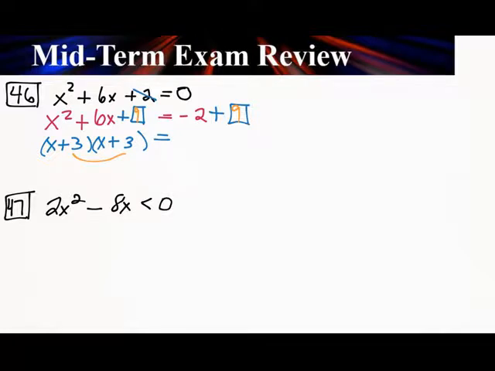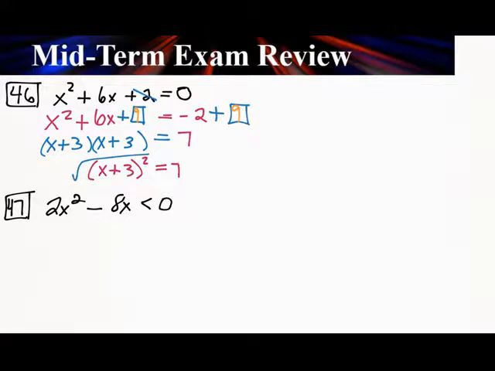So now what I'm going to do is 9 minus 2 is 7, okay? So now my problem is x plus 3 squared equals 7. Now this problem becomes a square root problem, where we can just square root both sides.